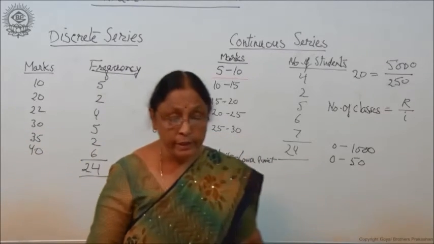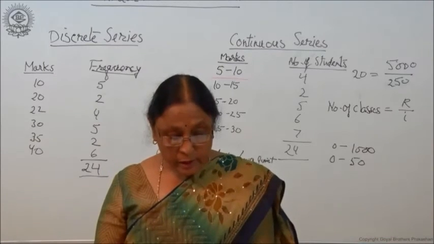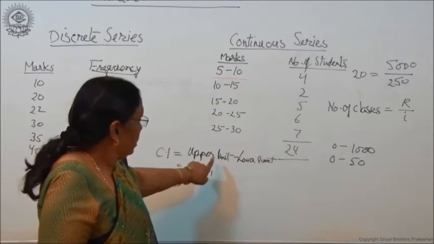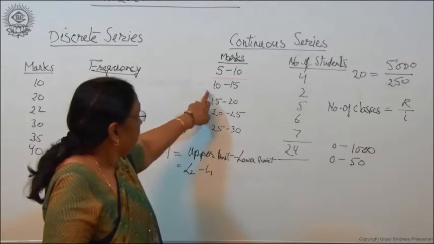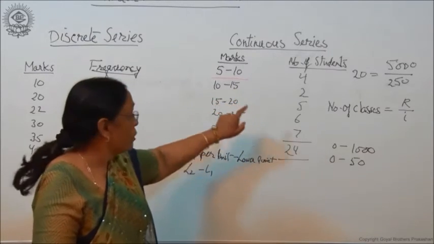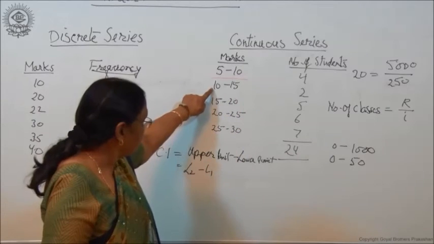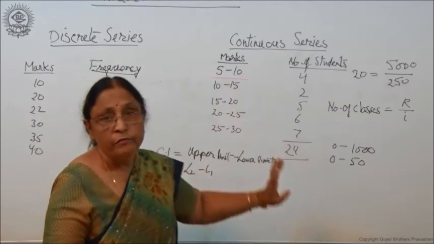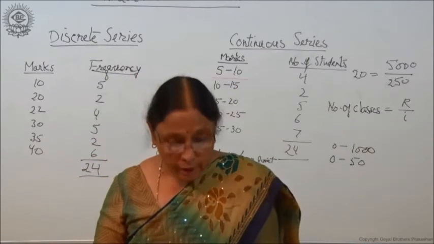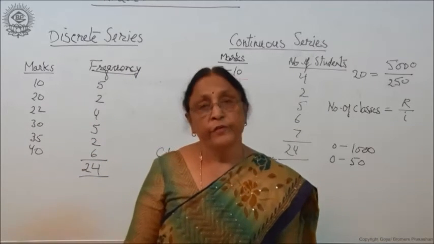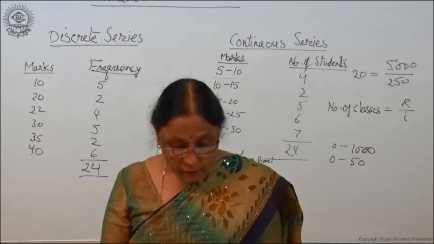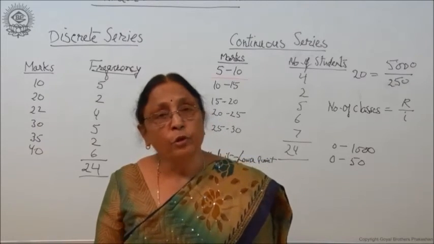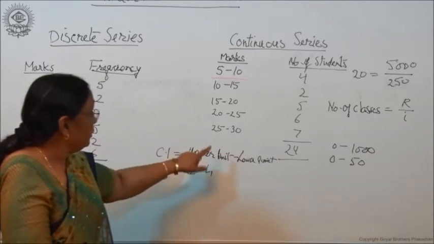L2 is the upper limit and L1 is the lower limit. So in 10 to 20 the class interval will be 10. In 10 to 15, the upper limit is 15, lower limit is 10, that is 15 minus 10, that is 5. Okay. So class interval is the difference between the upper limit and the lower limit. This upper limit and the lower limit is also known as class limit.